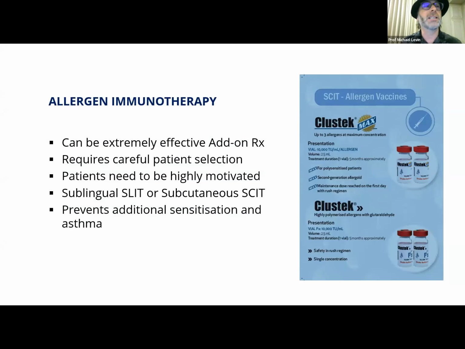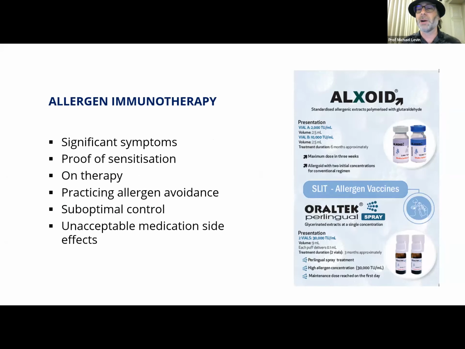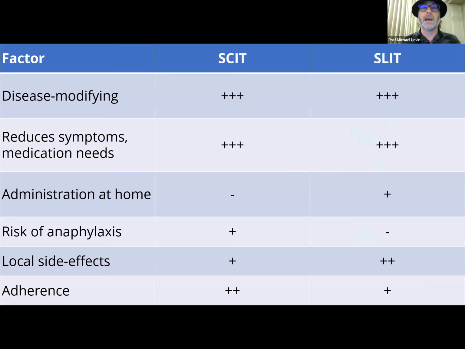These are the medications that are available for immunotherapy in South Africa. You can get sublingual immunotherapy or subcutaneous. These are the allergen vaccines that we have. And then the oral sublingual spray that can be given for patients every single day and can reduce their symptoms in the long term. Both of these forms of therapy are disease modifying.